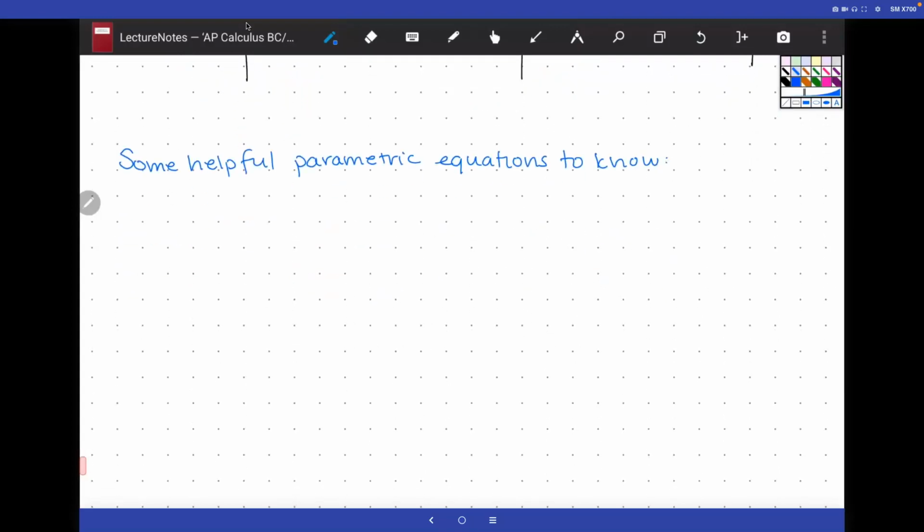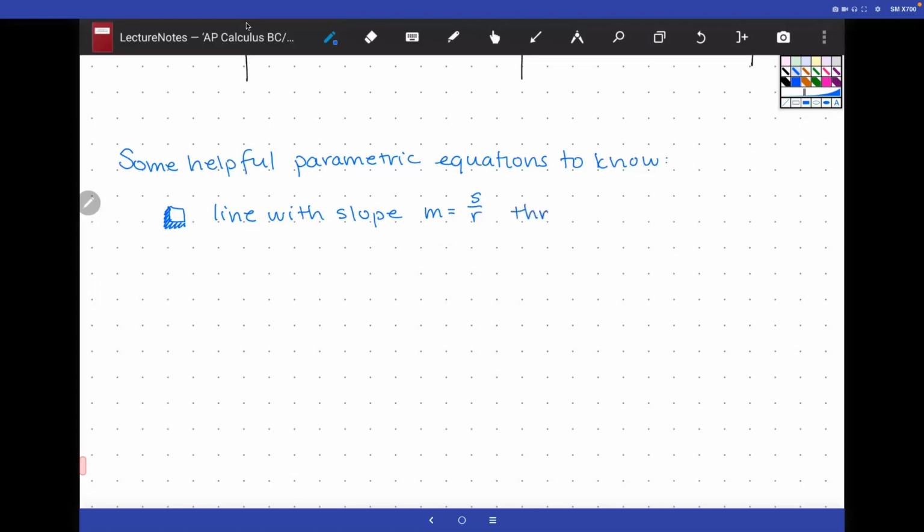If you want a parametric equation for a line with slope, I'll just say S over R. The change in Y is S. The change in X is R. Too many letters to keep track of.